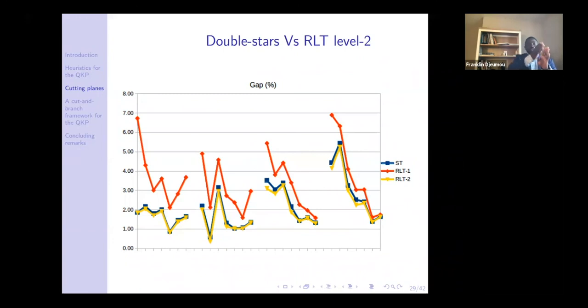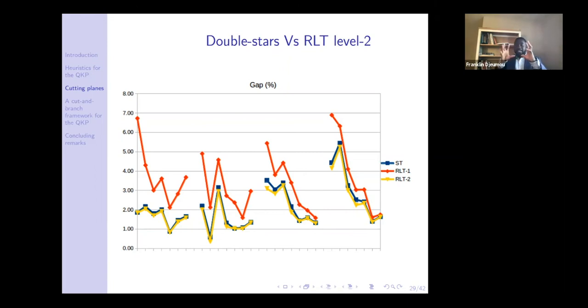So it means that whatever level of RLT inequalities you generate, we can find stronger inequalities using information from the higher level of your RLT hierarchy that are stronger than the level at which you are working.